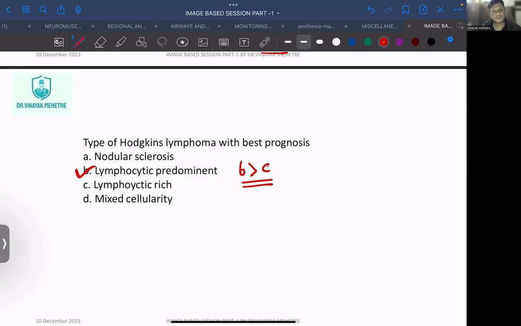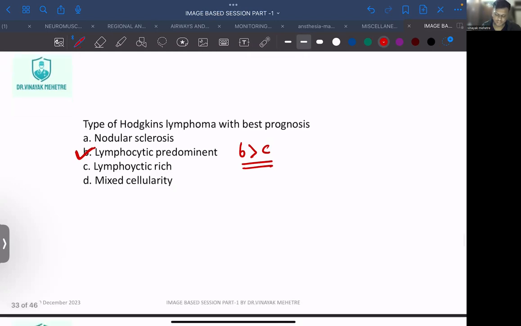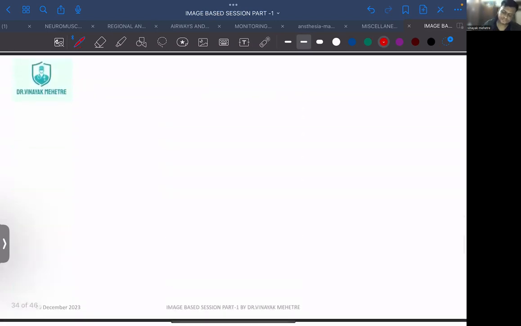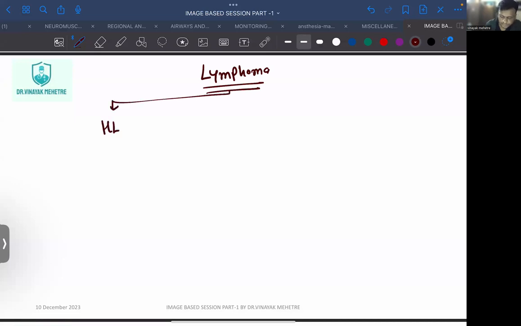Okay, now we will study lymphoma. There are two types: one is Hodgkin lymphoma, the other is non-Hodgkin lymphoma.